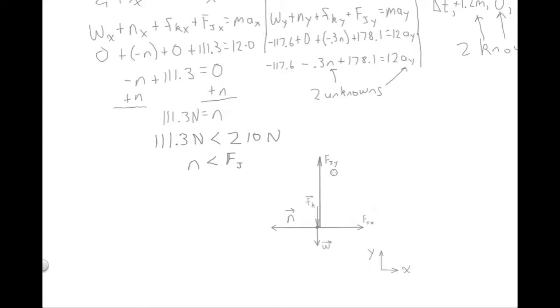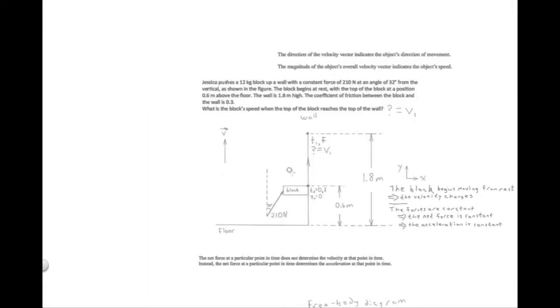So in this new version of the free body diagram, I've drawn each of the components of Jessica's pushing force pointing up for the y component and to the right for the x component. Now remember that the purpose, so to speak, of the normal force on this problem is to prevent the block from beginning to move through the surface of the wall.